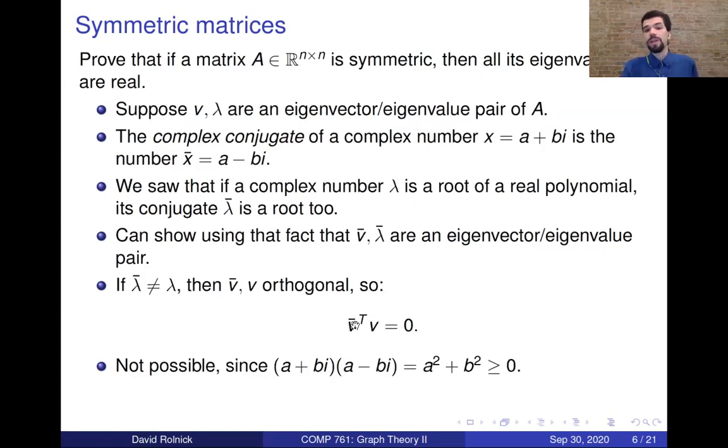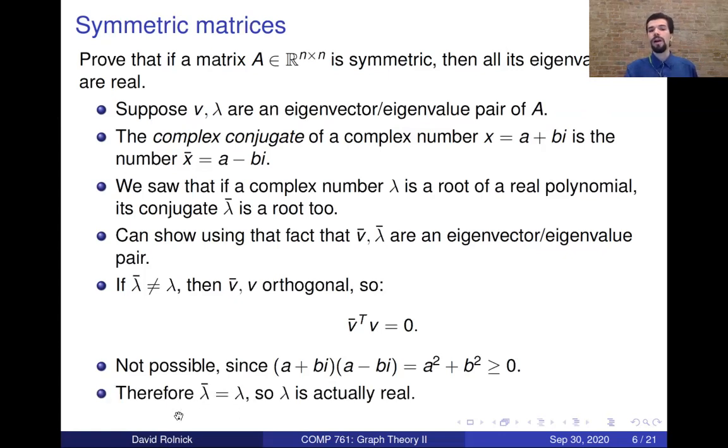That means that we can only have v bar dot v equal to 0 if v is itself 0, and no eigenvector is 0 by definition. So if you have v and v bar being eigenvectors, then they have to come with the same eigenvalue, because if they had different eigenvalues, they would be orthogonal.